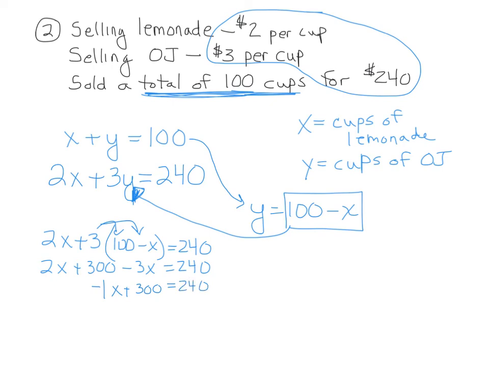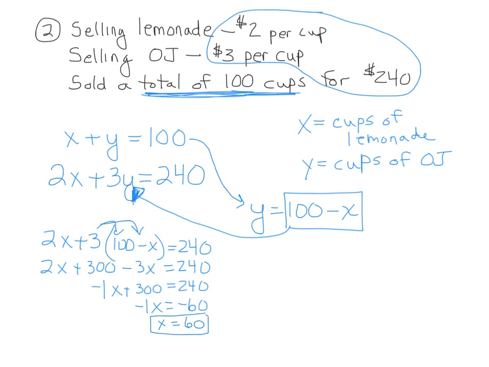Now I'm going to subtract 300 from both sides. Negative 1x equals negative 60? And then divide both sides by negative 1. X equals 60. Alright, so I know how many cups of lemonade.